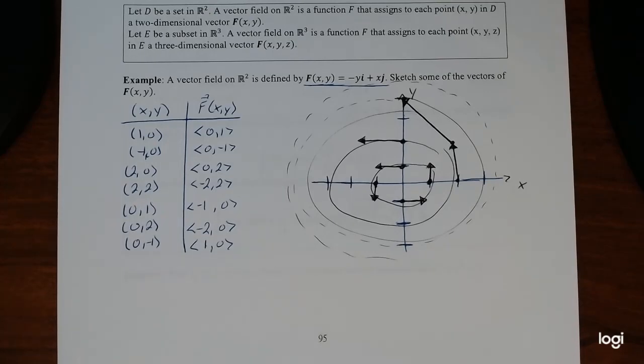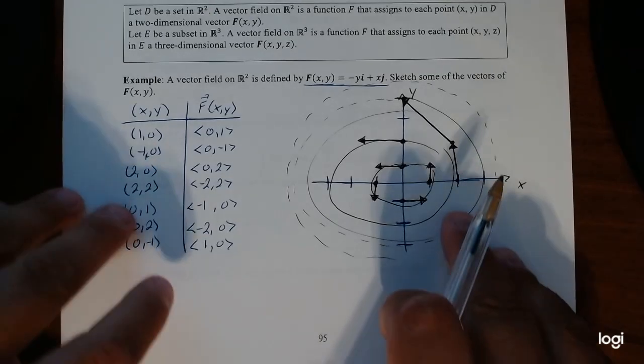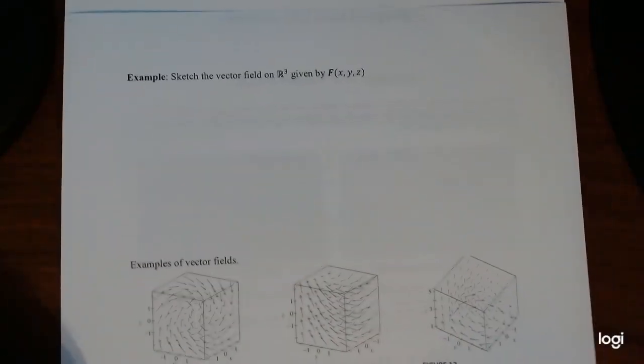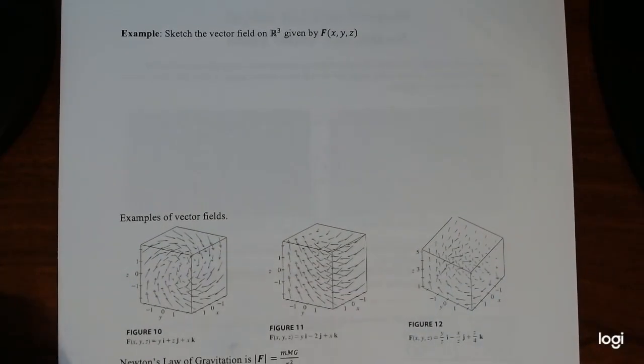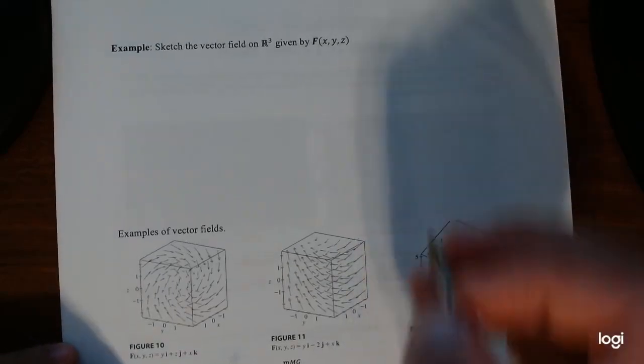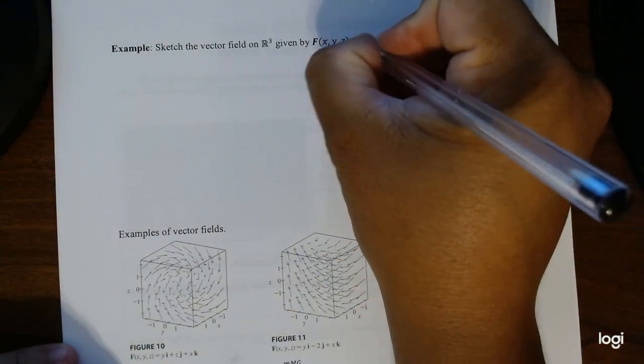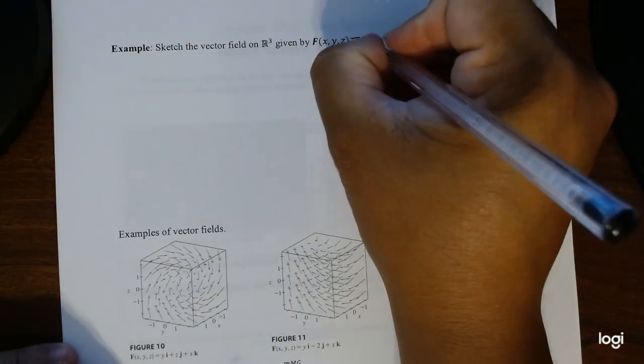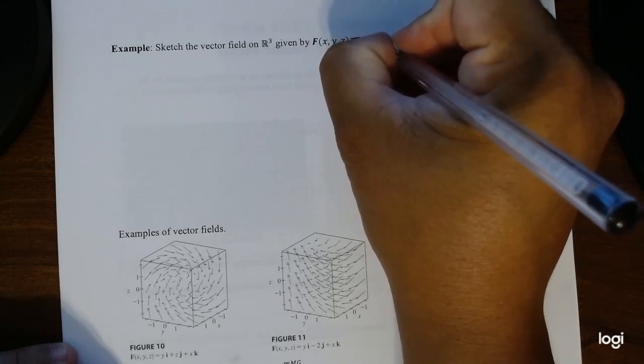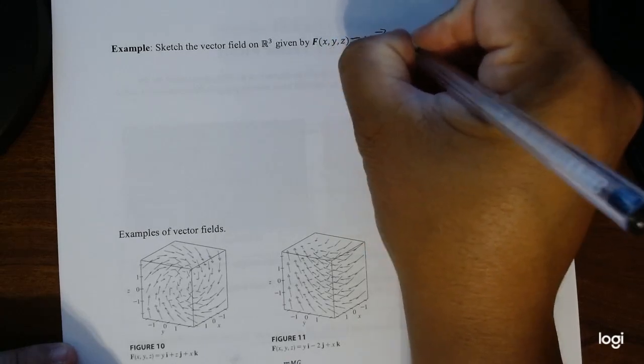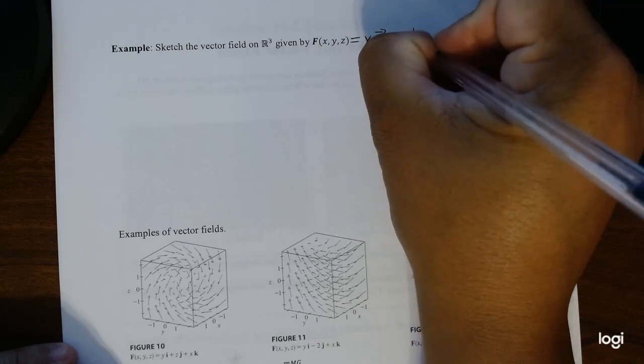Now, in 3 dimensions, it's much more complicated, especially how to graph it, but it's the same concept when it comes to finding the vector fields. So let's suppose our vector field here is the vector yj plus zk.